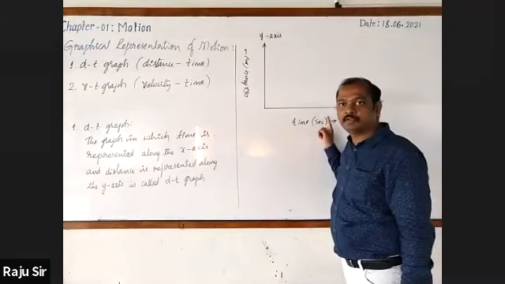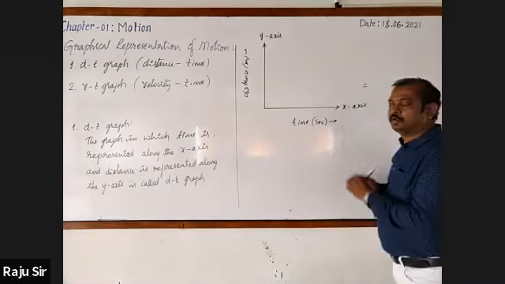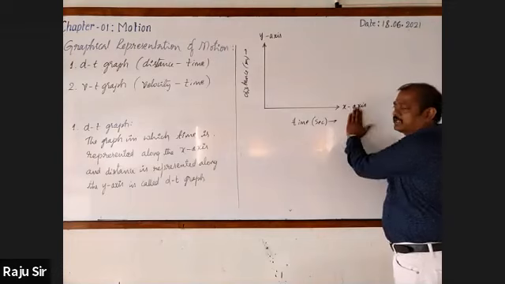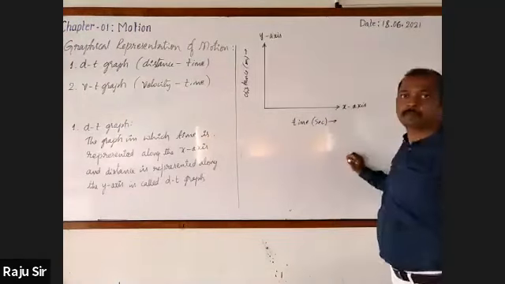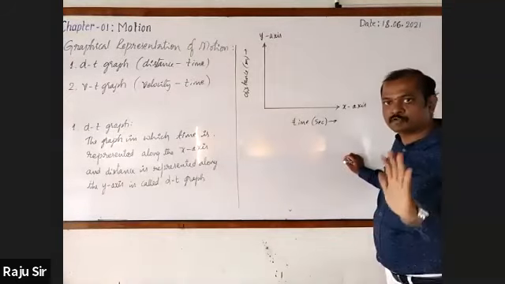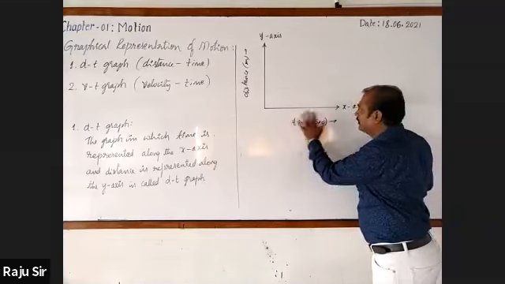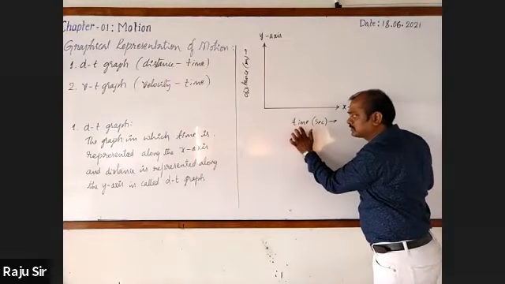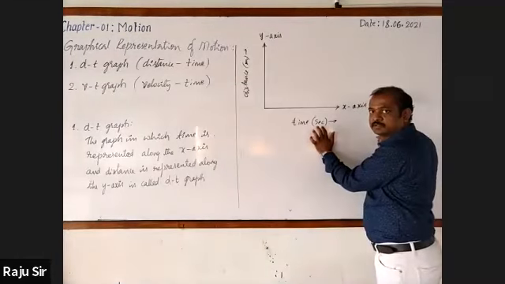Draw a horizontal line and draw a vertical line. Horizontal line is x-axis. Vertical line is y-axis. Have you drawn? Along the x-axis, you have to write time, in bracket, seconds.